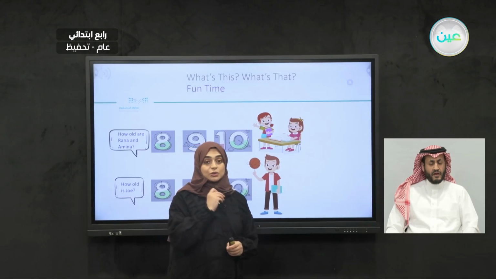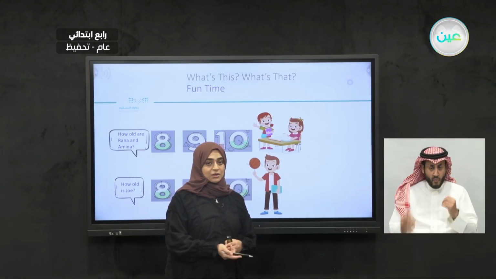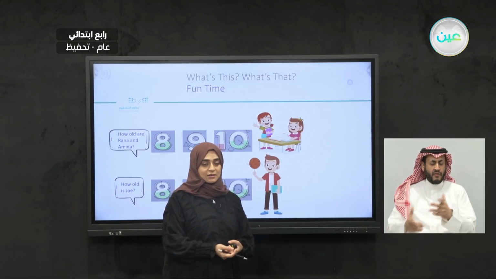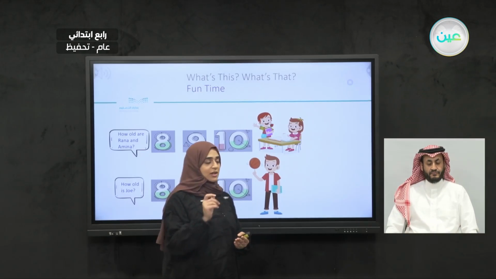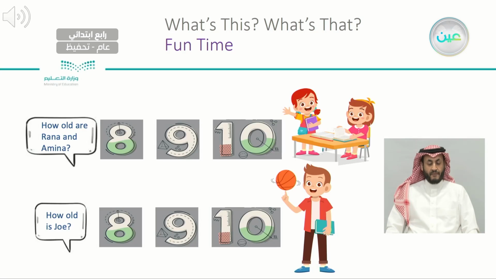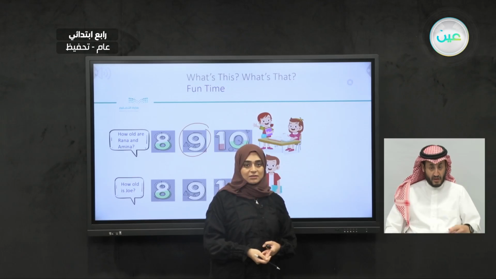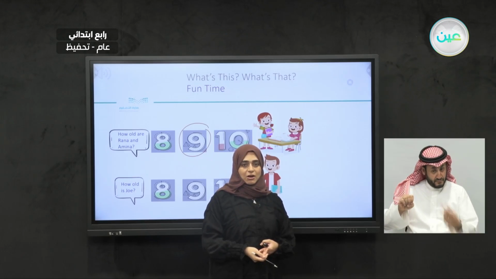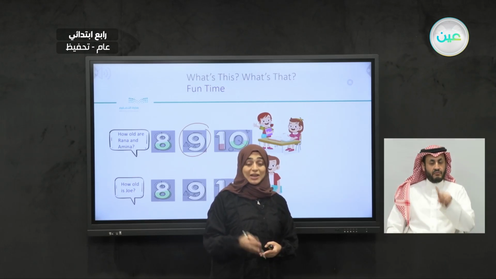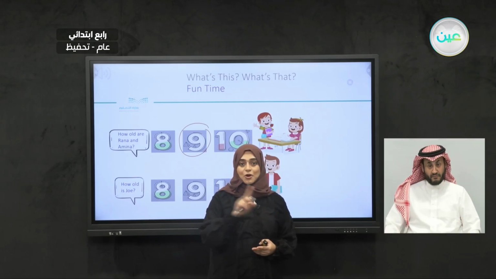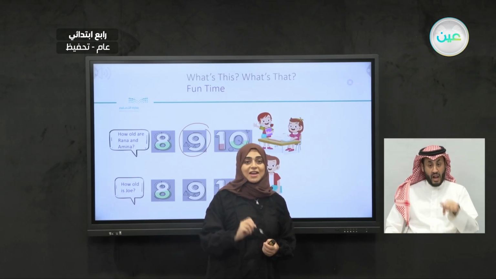So we have 2 girls. So what do we say? First, let's guess their age. They look like they're maybe 9. Let's circle the number 9. Do we say she are, or she is? We have 2 people. No, we say they are.